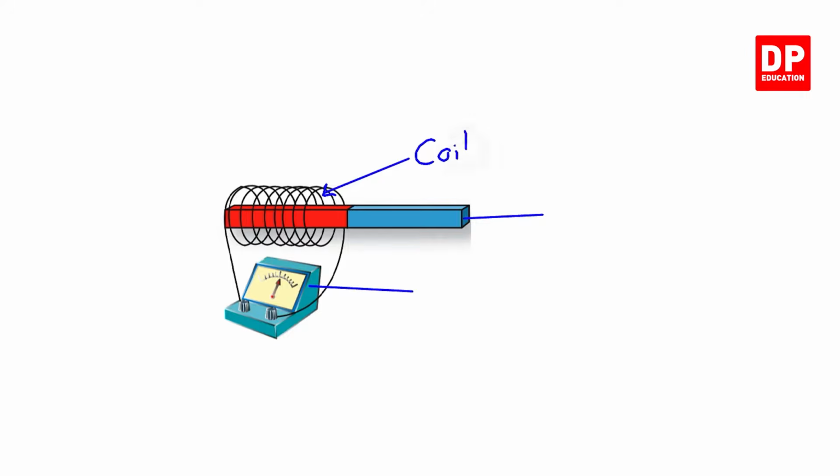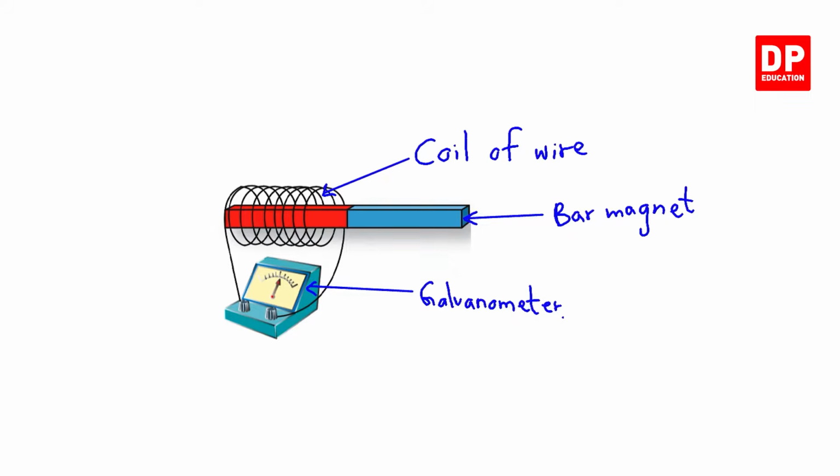Coil of wire, bar magnet, galvanometer. Right?